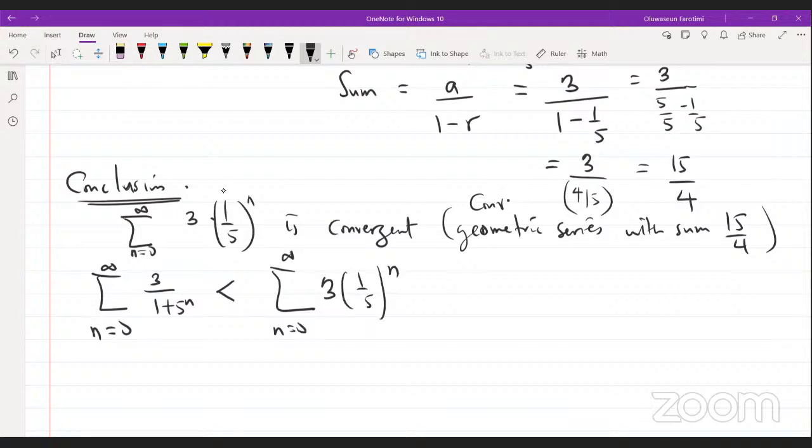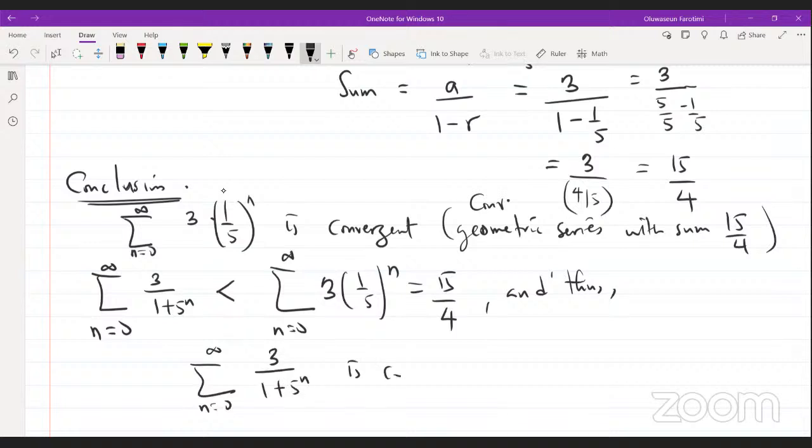What is this sum equal to? This equals 15 over 4. And thus, this is convergent.